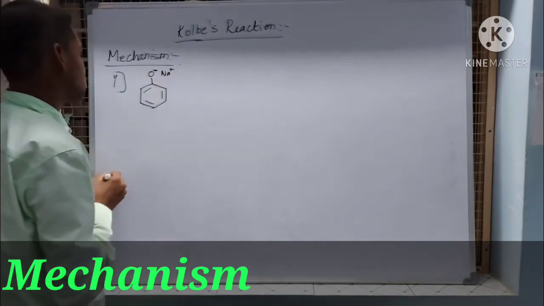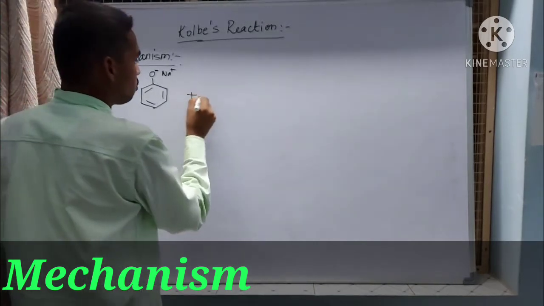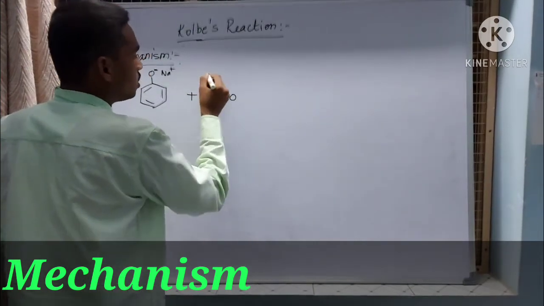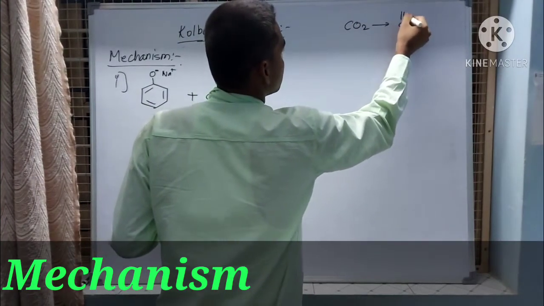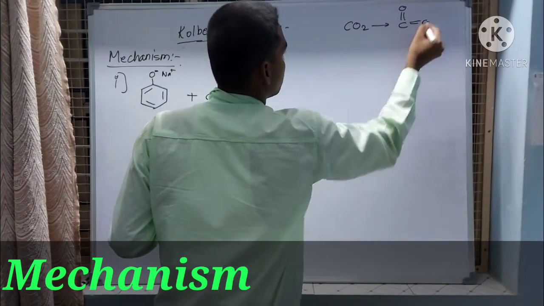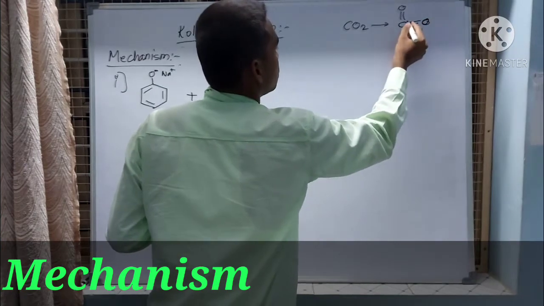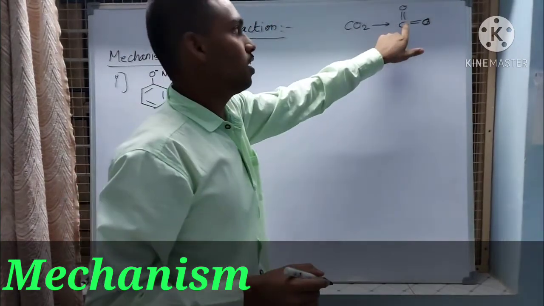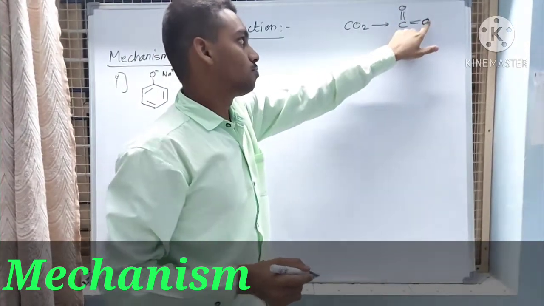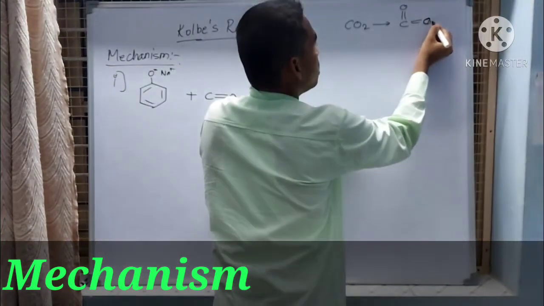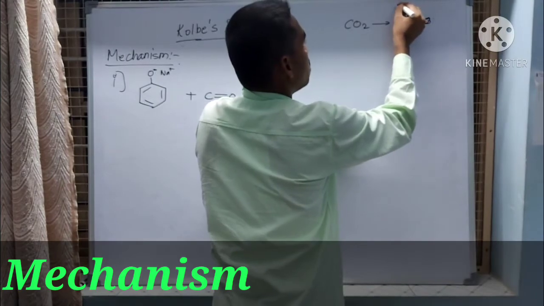Plus, and now I am going to use carbon dioxide. We know carbon dioxide can be written in this form, right? So this will satisfy the valency of carbon, tetravalent, right? And we are going to have the lone pair over oxygen.